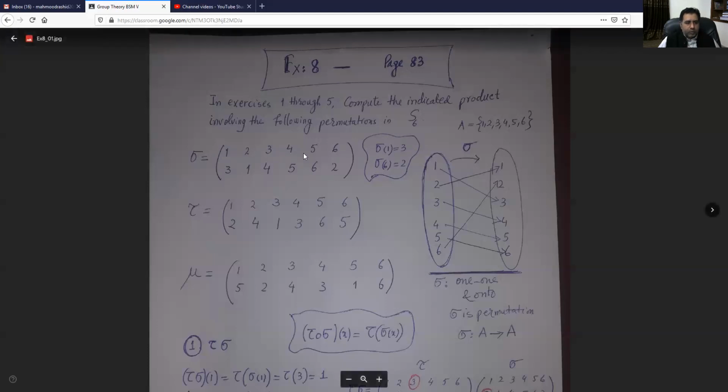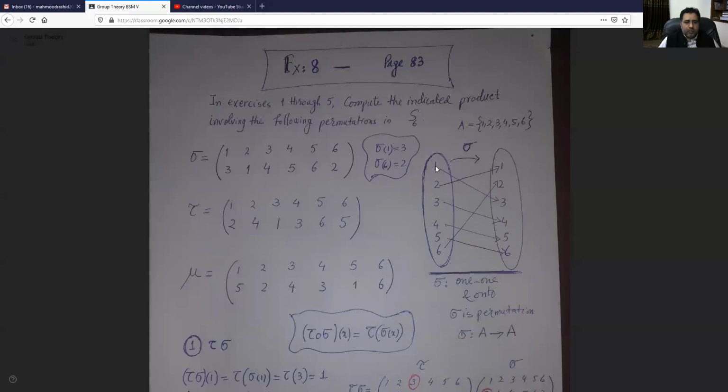So this is a 1-to-1 and onto mapping. So of course, this is a permutation on the set A. So 1 is mapped onto 3, 2 is mapped onto 1, 3 is connected with 4, 4 is connected with 5, 5 is connected with 6, and the image of 6 is 2 under sigma.